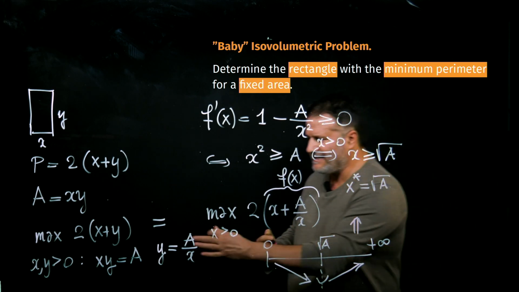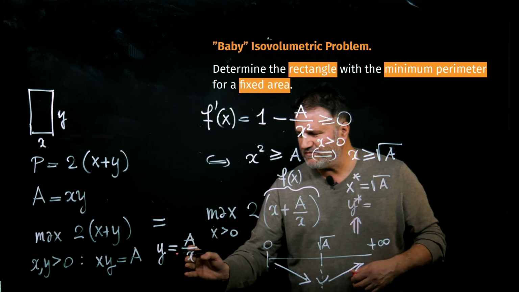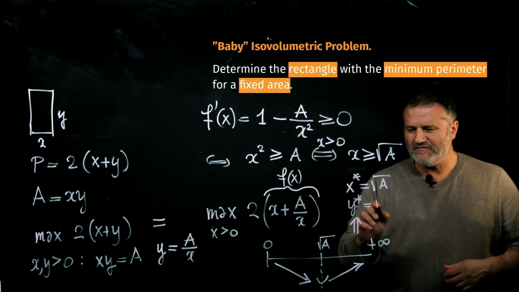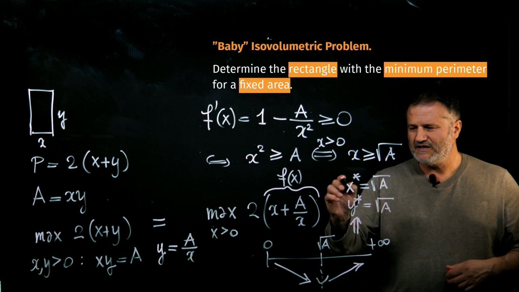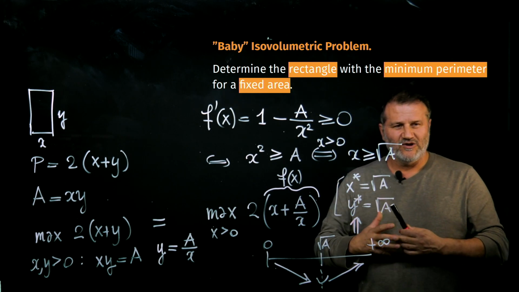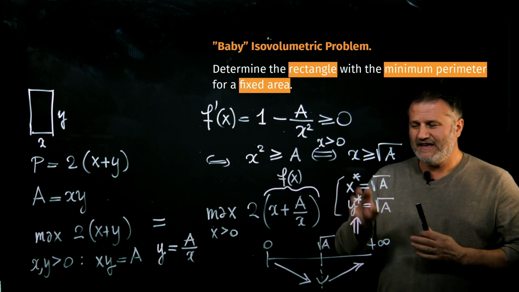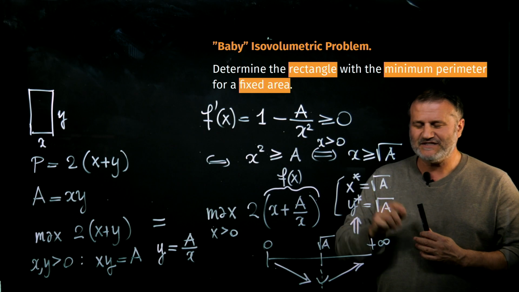And from this, we get also the optimal y, precisely from this formula. A divided by root of a gives root of a. So we conclude that the optimal rectangle that has minimum perimeter with fixed area A is again a square of side root of A.